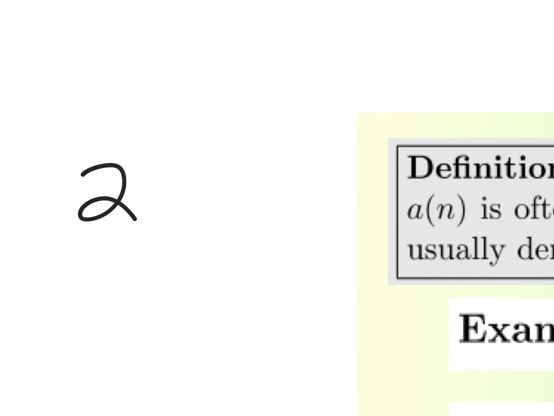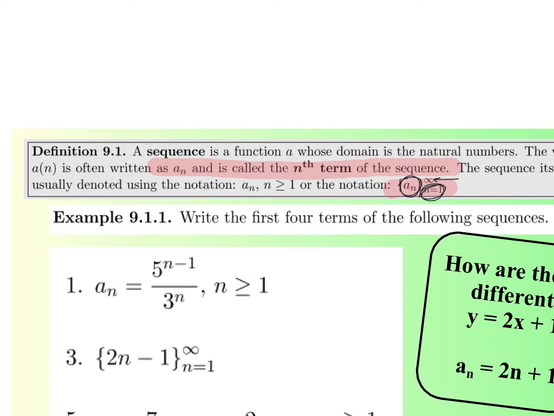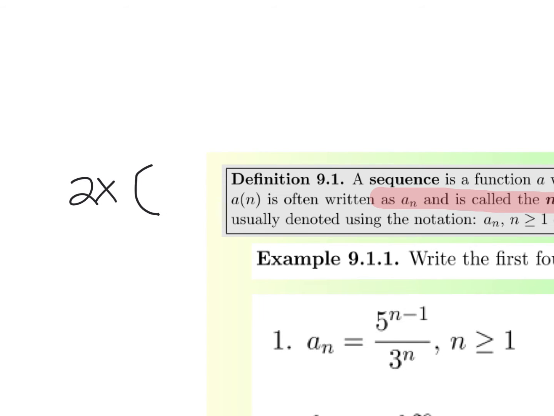Say I said 2x, and then I said from zero to 5. What that would mean is, where do you think I'm going to put the 0?